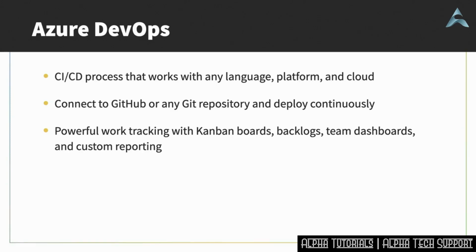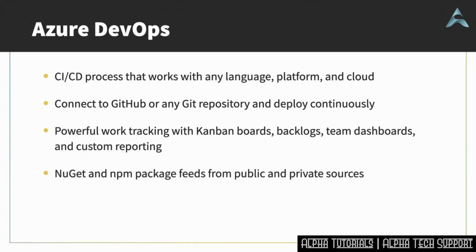Azure DevOps is not just for Microsoft Azure. It can also deploy to other cloud providers like Google Cloud and AWS. They just come with support for all of that. I can also use NuGet and NPM public feeds.